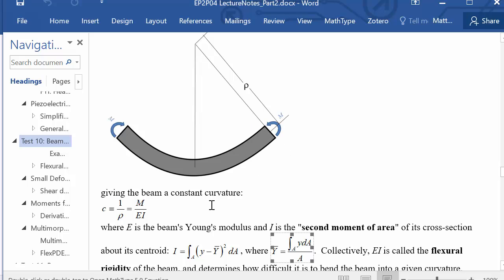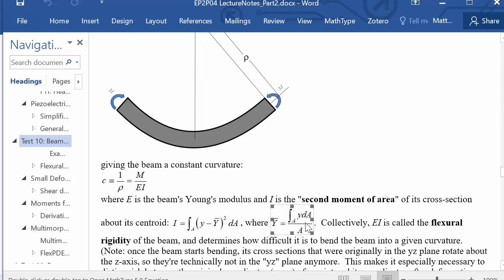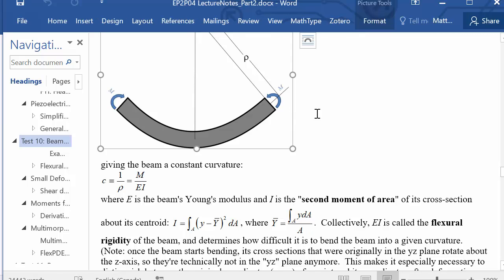So this integral, this second moment of area, is based on a given cross section here. The y direction would be up, so we're integrating over the shape of that cross section to figure out what I is, and the location of the centroid is where the y coordinate is for the average over that area.